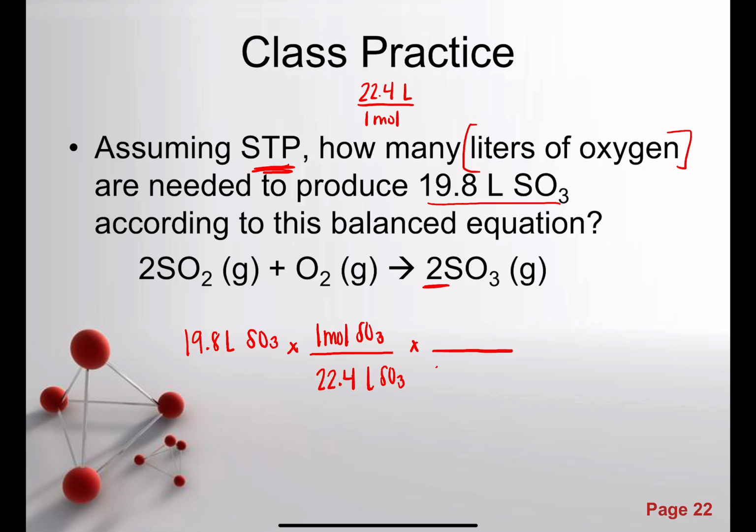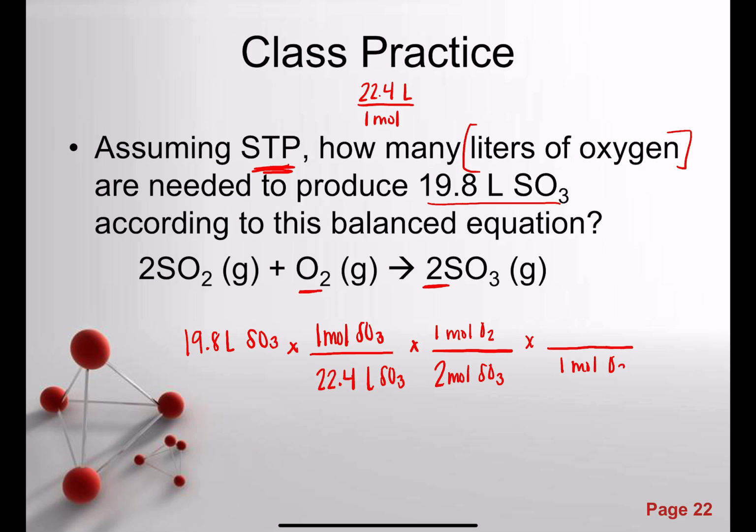I have in my equation 2 moles of sulfur trioxide, and it's asking me about oxygen, so there's only 1 mole of oxygen in the equation. And then it wants to know liters of oxygen.